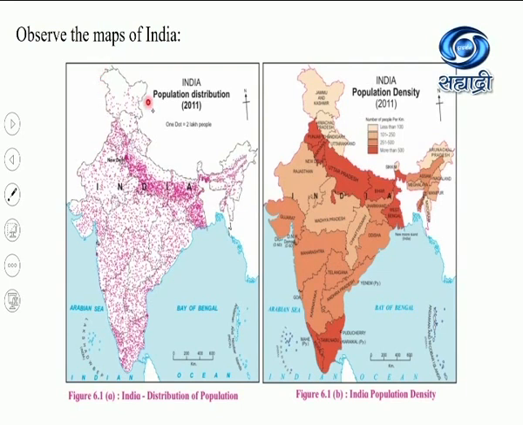In the extreme northern part of India, you will see that population distribution and density of population has become less. Similarly, in the extreme eastern side of the Indian subcontinent, population distribution and population density, you can see both are very, very low. So what are the reasons for it?